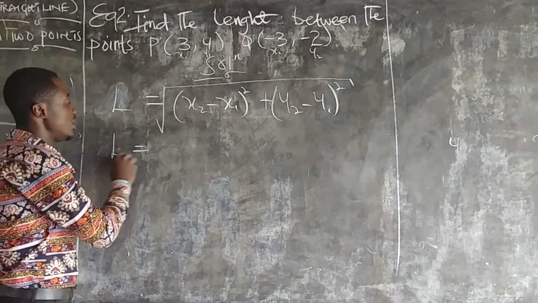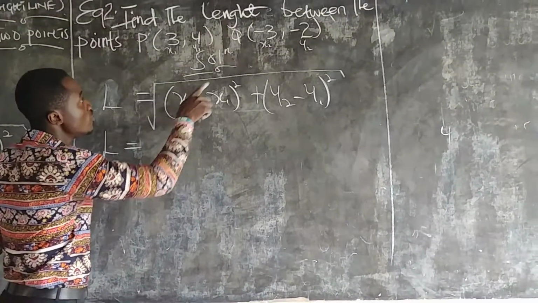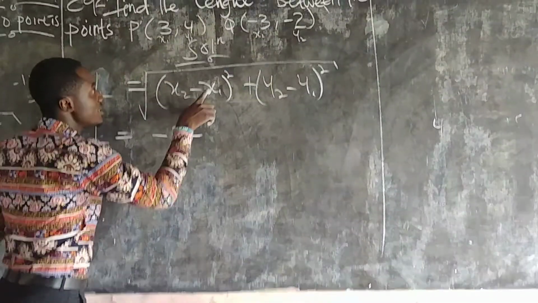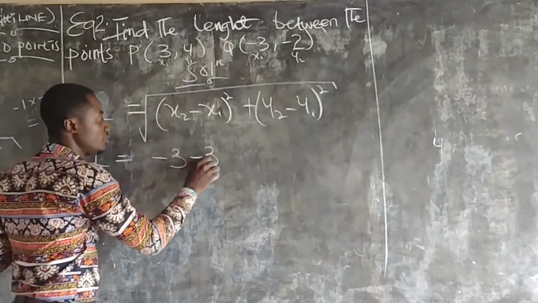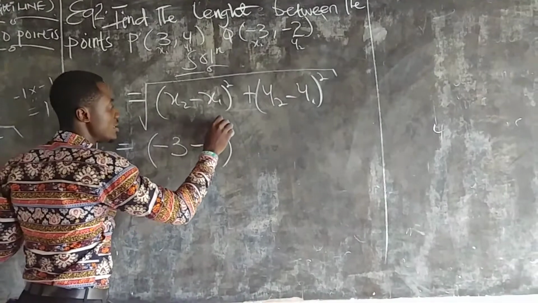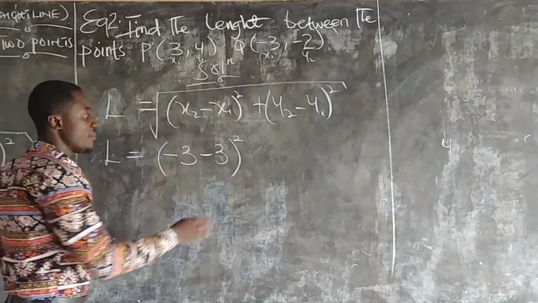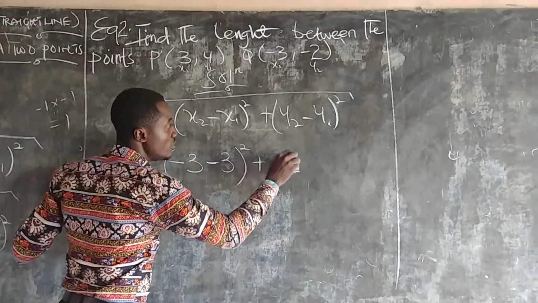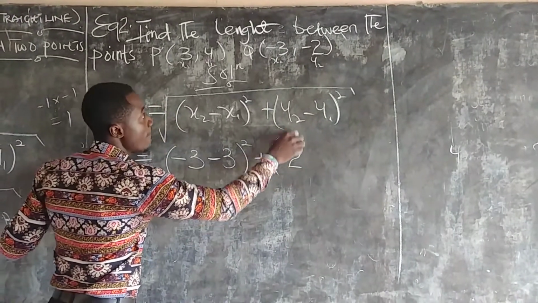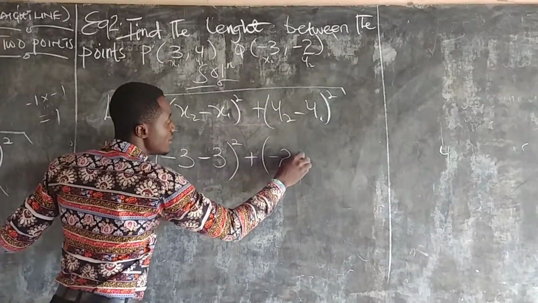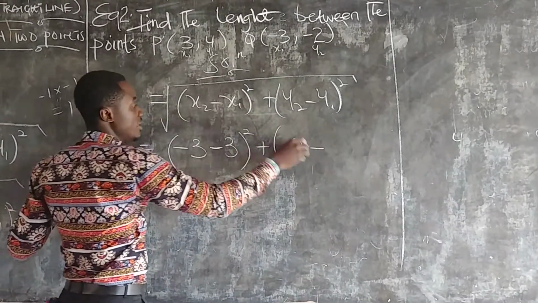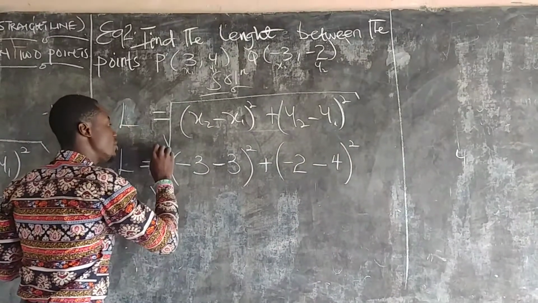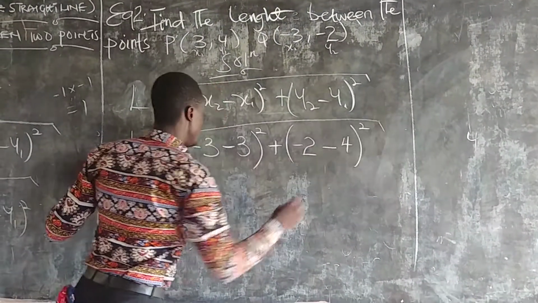And so the length is equal to the square root of (x2, negative 3, minus x1, 3), close it. Don't forget to bring the square, plus (y2, which is negative 2, then we bring the operation minus y1, which is 4), then you close it with the square and bring your square root.